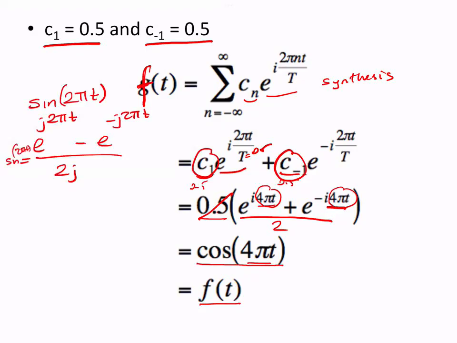And what is C1? It is 1 over 2j, okay? The coefficient here is this. C minus 1 is equal to minus 1 over 2j, okay? In cosine and sine functions, we just write the Euler's relation and then obtain our coefficients accordingly, okay?